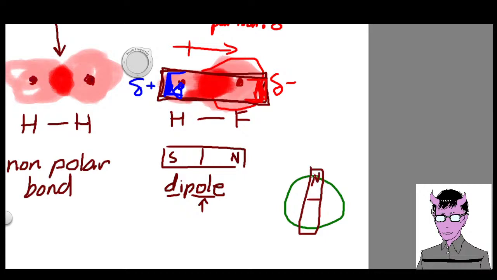Currently the North is up, and the South is currently down. Who knows when it's going to flip? Sometime in the future, maybe. Probably, according to the track record of the Earth, it will flip. But for now, North is quote-unquote on the top, and South is quote-unquote on the bottom. So this is North Pole, and then this is South Pole.